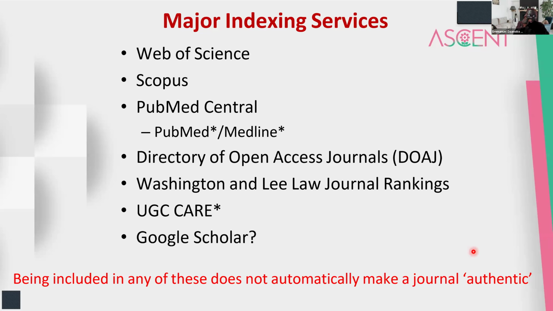Most universities, for you to get your work accepted for promotion or to graduate from your PhD, you should have published in a Scopus-indexed journal or Web of Science, which contains the Emerging Sources Citation Index, Science Citation Index, Science Citation Index Expanded. So being included in any of these does not automatically make a journal authentic. That is one of the things you have to know as well.